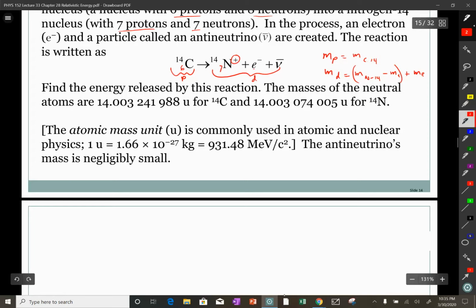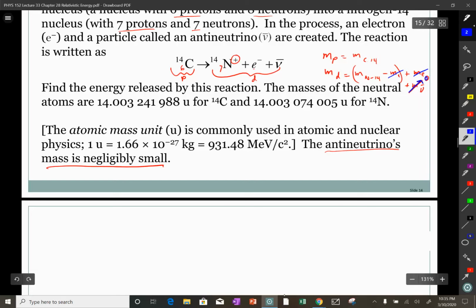But then I have the mass of the electron that was emitted, plus the mass of, we call that an antineutrino. Now, the antineutrino's mass is negligibly small. So we will take that mass of the antineutrino and say that's approximately 0. Notice minus mass of electron plus mass of electron, those add out to 0.